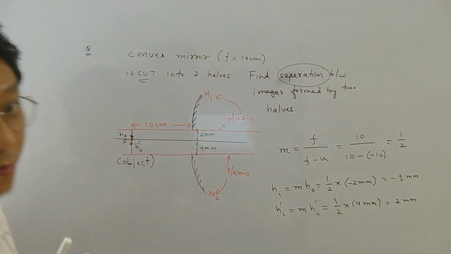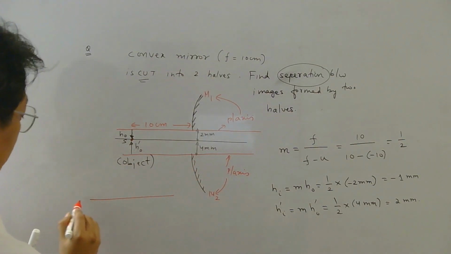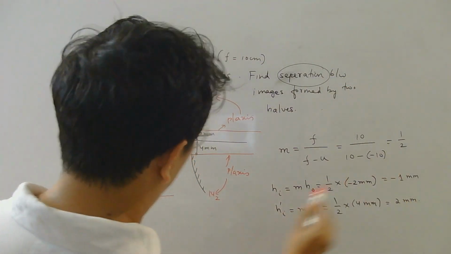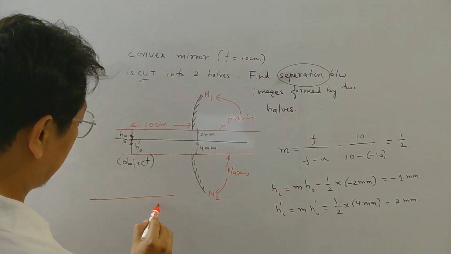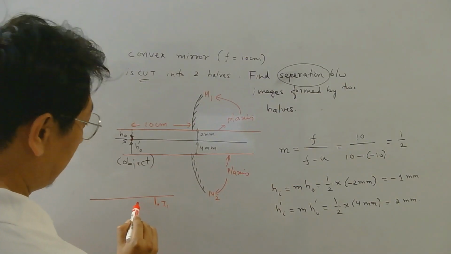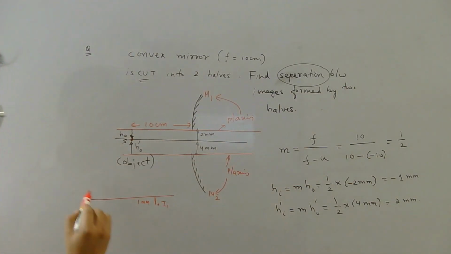So if this is your first principal axis, then what is the image height? Minus 1, so it is below the principal axis. By what distance? 1 millimeter. This line.